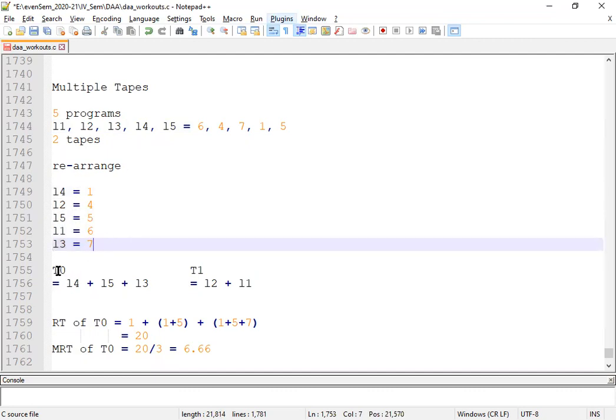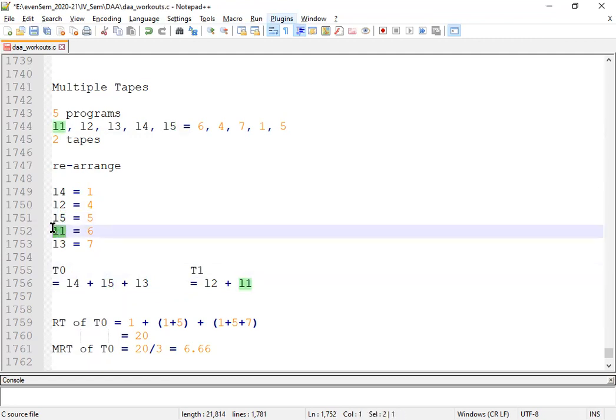After doing that, since we are given two tapes, we can name them T0 and T1. On an alternating basis, we keep storing the programs on T0 and T1. Right? So L4 first on T0, then L2 on T1, then L5 on T0, then L1 on T1, then the remaining L3 on T0.